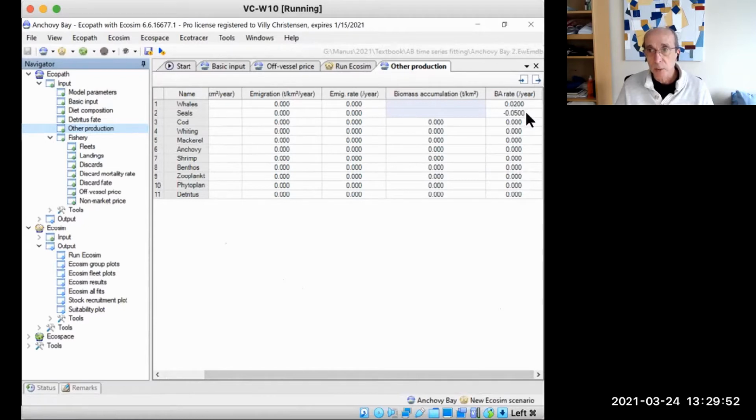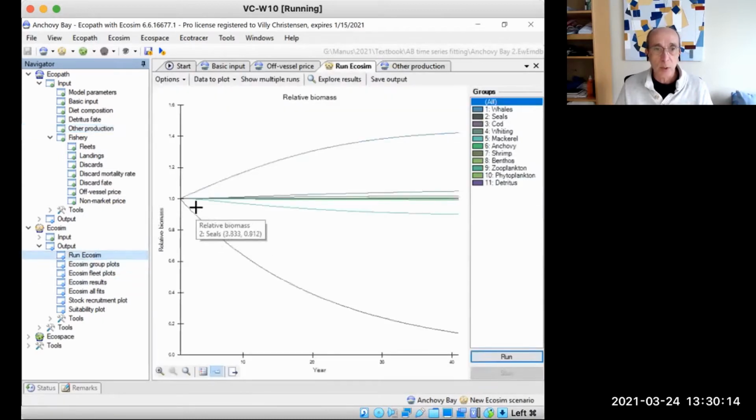So the assumption here is that whales are recovering after harvest or culling has stopped, and culling is still ongoing when we start the model for seals. Because we don't have time series in here, it's going to continue. If the time series had been in here, the seal culling would stop after a few years, but in this model it will continue.